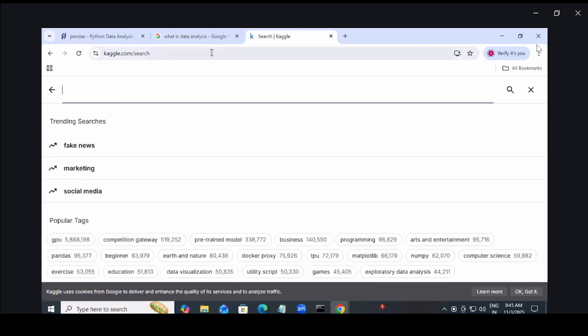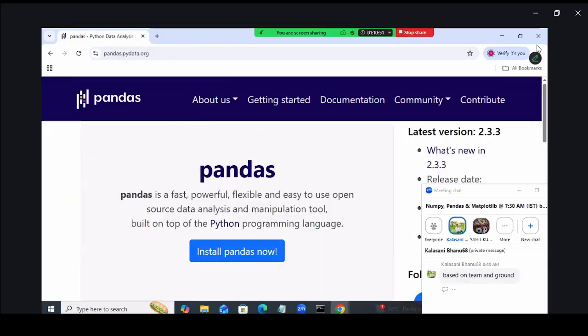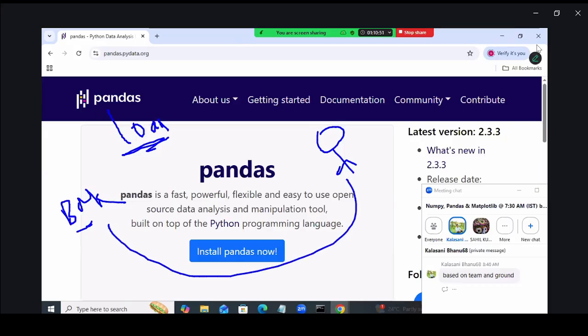For example, a person applies for a loan, then the bank must take a decision: whether to give the loan or not. The bank decides whether to approve or reject the loan. But how do they make the decision? Based on a lot of parameters, which you call data.